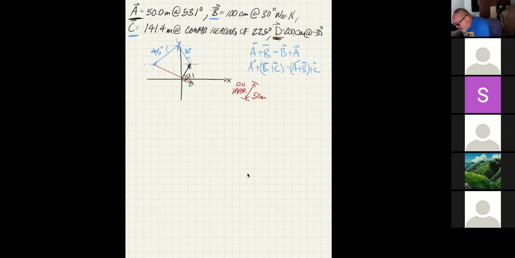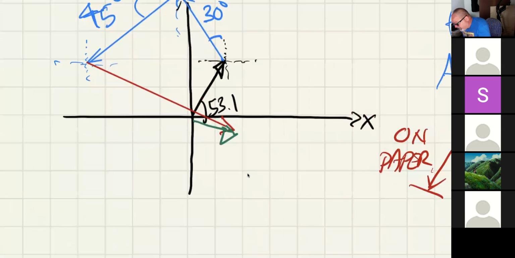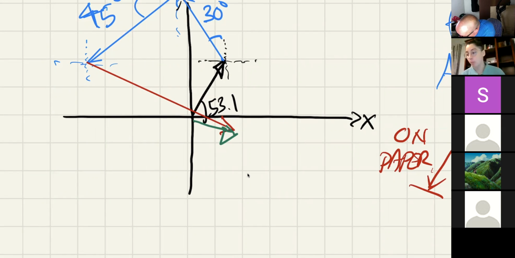Looking at this vector right here, I can see it has a positive x component, which is right there, and a positive y component right there.